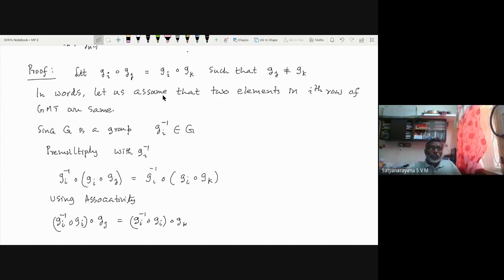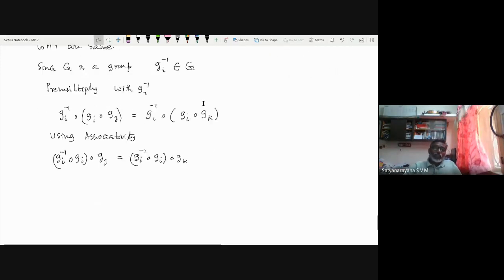But what is Gi inverse of Gi? This is the identity, and since it is a group, the identity exists. That is identity acting on Gj equals identity acting on Gk. What does that mean? That means Gj is equal to Gk.